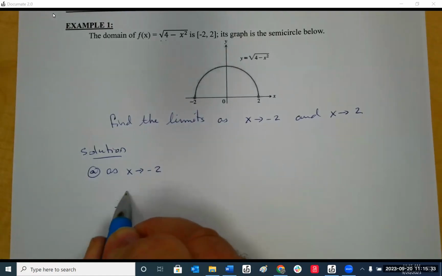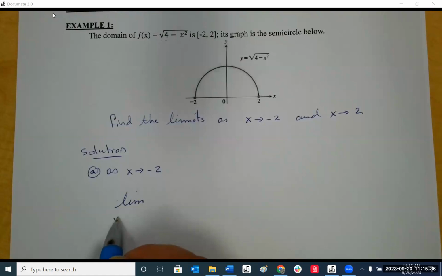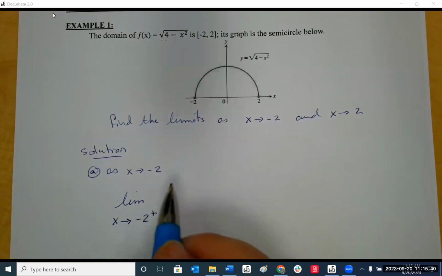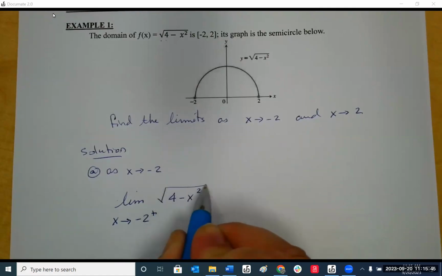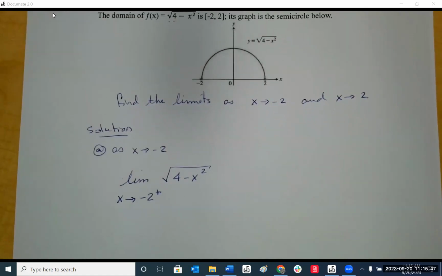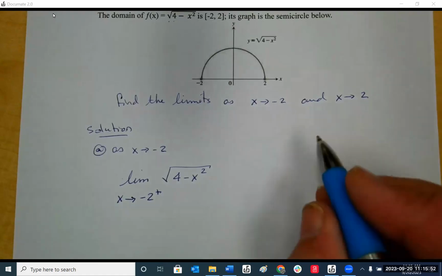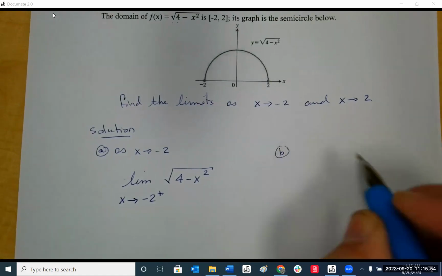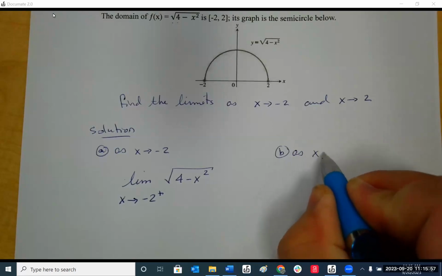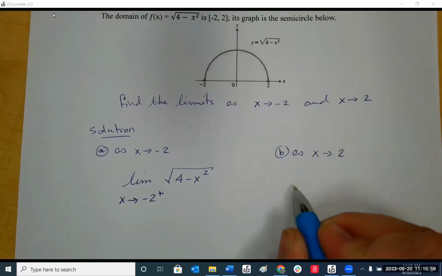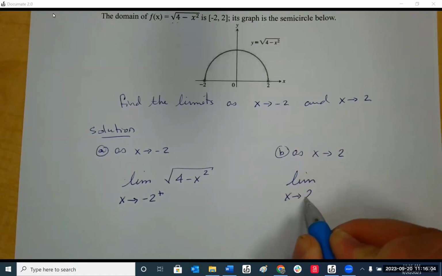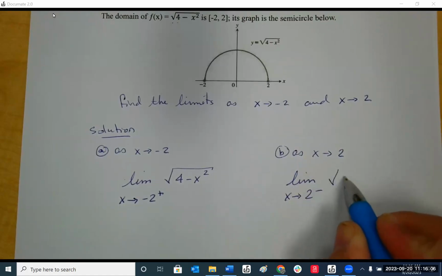Right, so we have to take the limit as x approaches negative 2 from the right of our function, the radical of 4 minus x squared, and then for the other half, as x approaches positive 2, we can only approach that from the left. Very good.